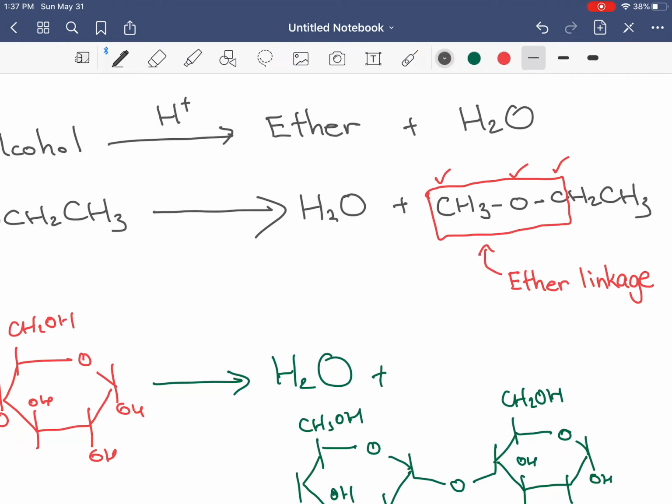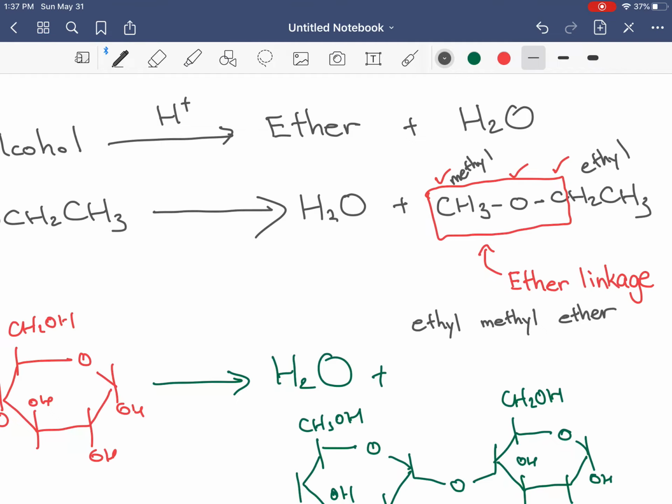So, to name this, we have a methyl group on the left side, and on the right side, we have an ethyl group. Put that into alphabetical order. This guy is called ethyl space, no comma, no dash, space, methyl ether.